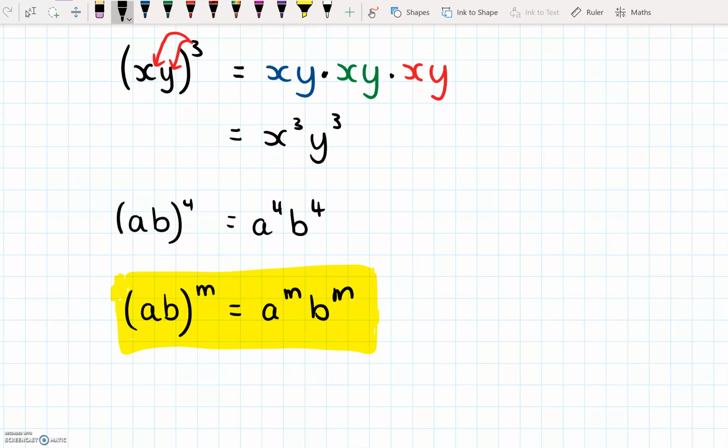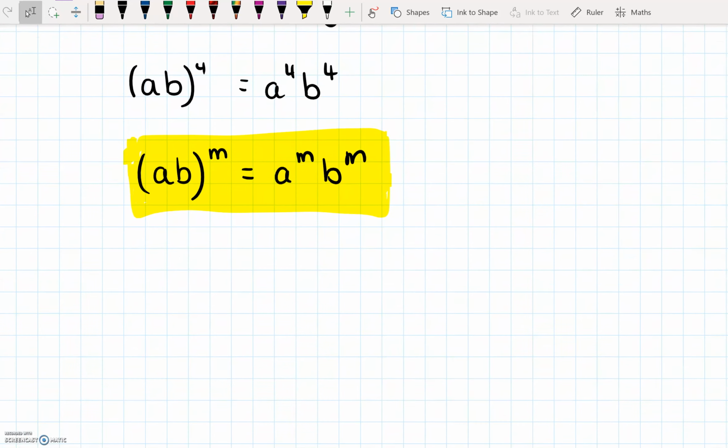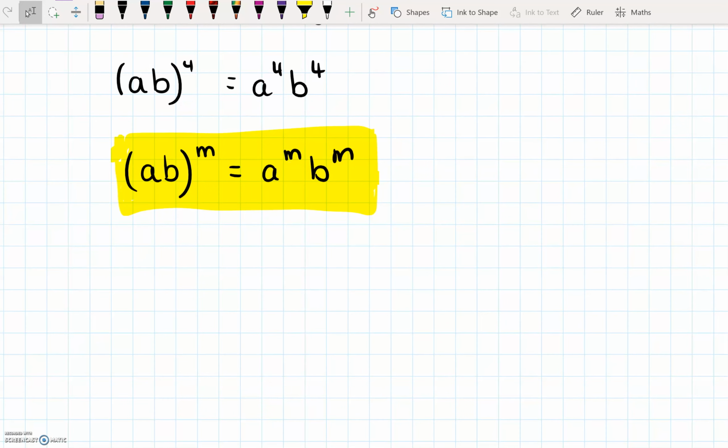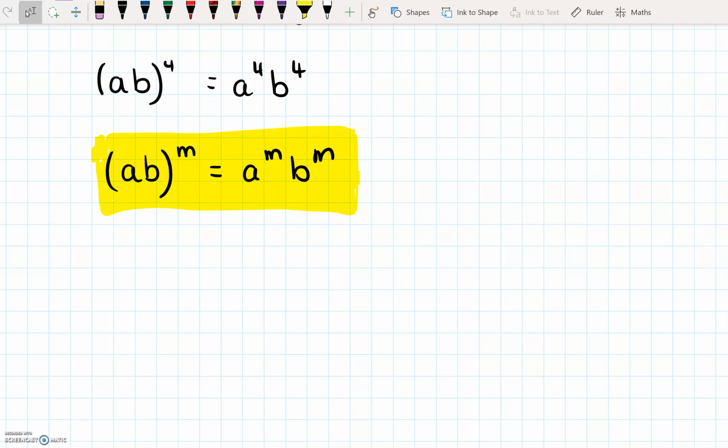Alright, so let's have a look at one where there's a coefficient, because this is where it gets important and this is where people make mistakes. If I had, for example, (3x) cubed, and there's a reason I've gone cubed here because a lot of people make mistakes with it, that means you have to apply the power to both things inside the brackets. So we need to apply the 3 to the 3 and also to the x.